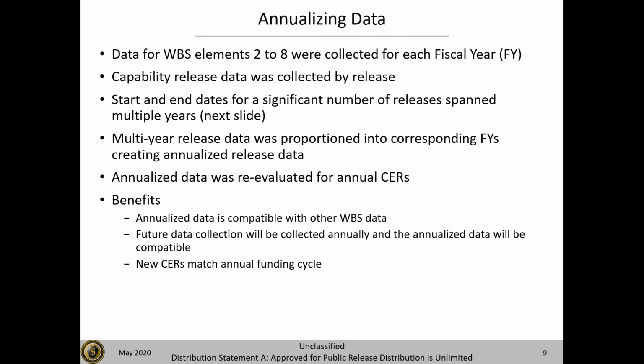And then we did the additional analysis on the CERs for that and compared it to the results we got when we did it for the full release. And the benefits, again, it's compatible with the other WBS elements. It's going to simplify data collection and make it easier for those providing us data, and it matches our funding cycles.